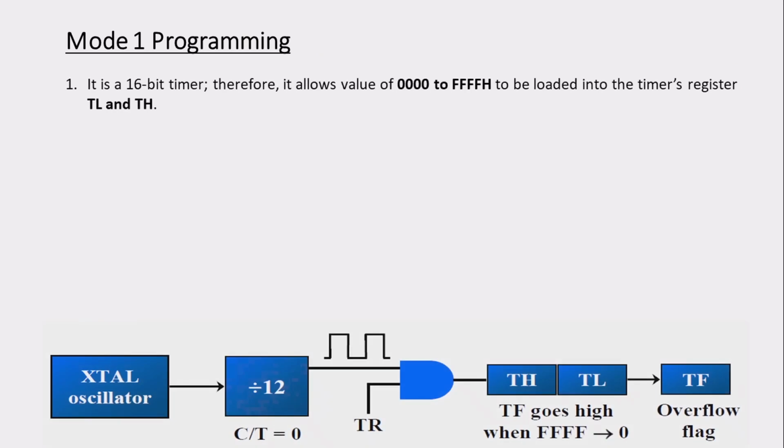So in mode 1 programming, as we know, our timers are 16-bit timers, and basically we have two different timers, that is timer 0 and timer 1.